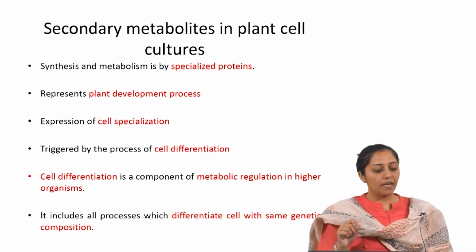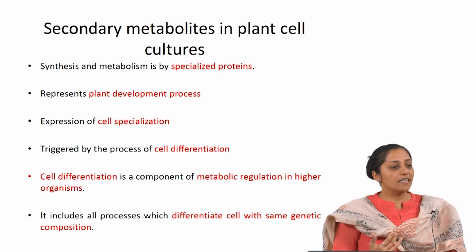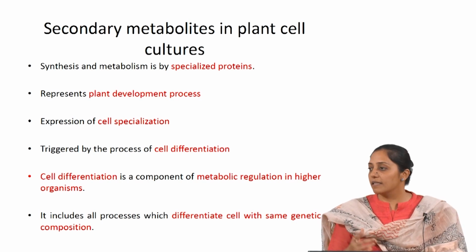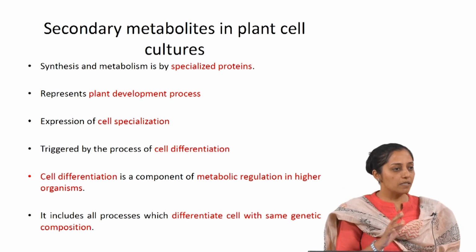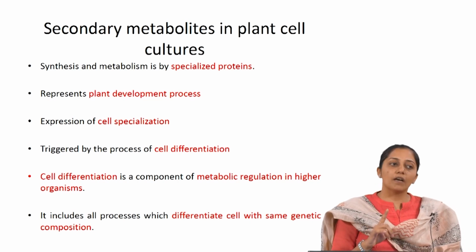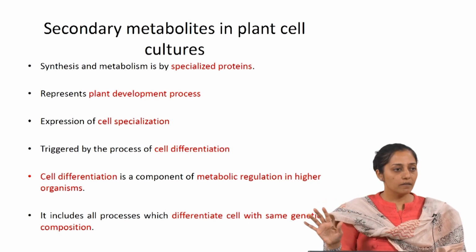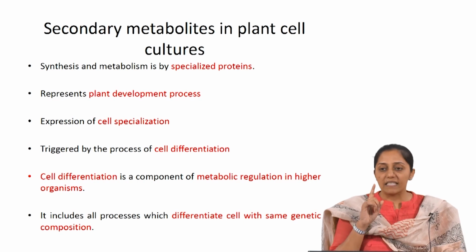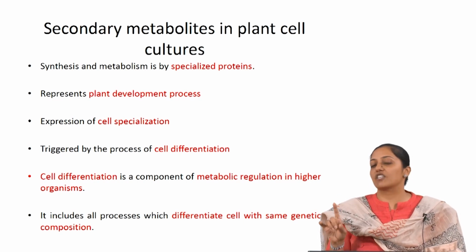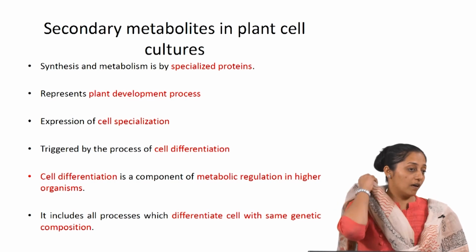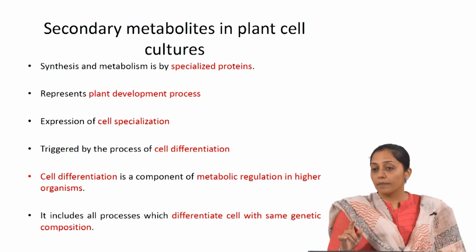So secondary metabolites, synthesis and metabolism in plant cells is by specialized proteins, and represents the plant developmental process majorly. Secondary metabolism is an expression of cell specialization. Now all these points are important to know. Why?